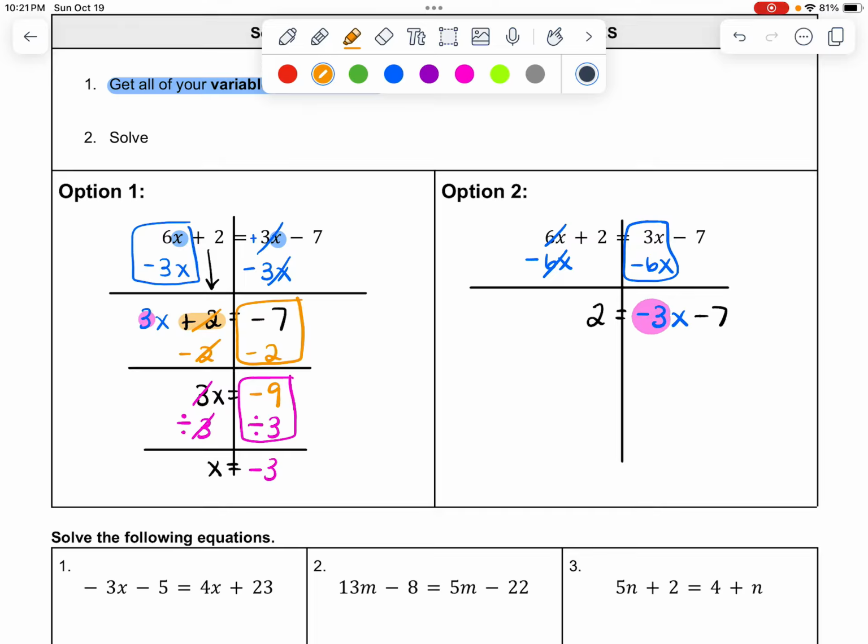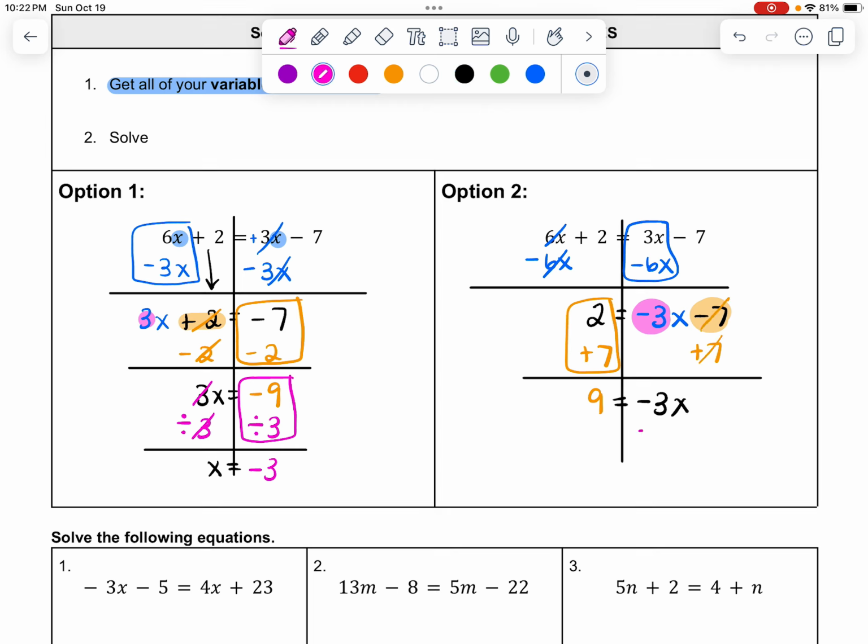There's the negative 3, and there's the minus 7. I'm going to start by undoing the number that's farthest away, so I'm going to add 7 on both sides. When I do that, I get 2 plus 7 is 9. And on the right-hand side, I get negative 3x because the 7's cancel.